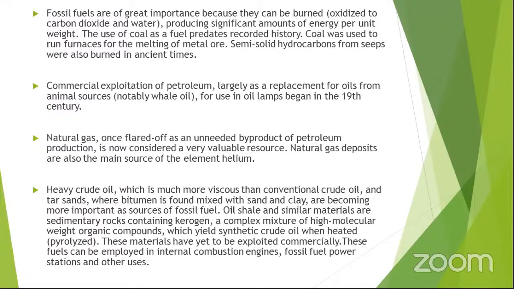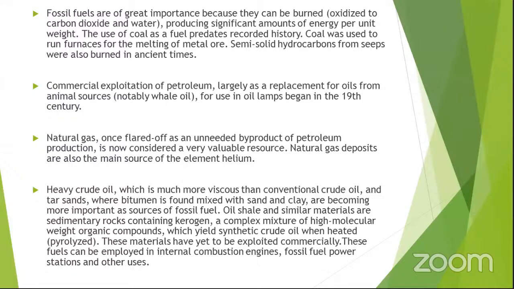So the natural gas deposits are the main source of the element helium. All right. So the heavy crude oil, which is more viscous than the conventional crude oil, and the sands where bitumen is found mixed with the sand and clay, are becoming more important resources as a fuel.